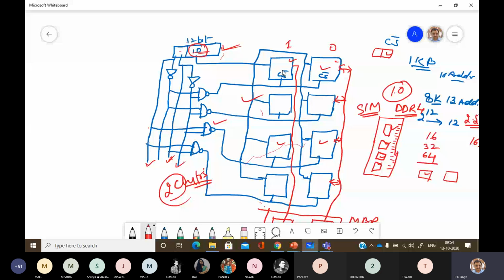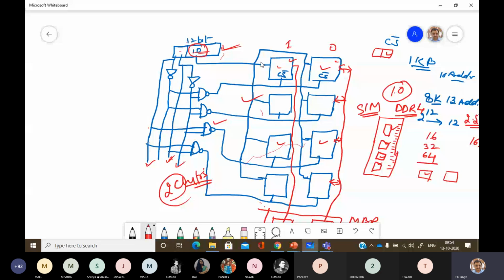Same case if you want to read byte information from the odd memory bank: you can select all the corresponding addresses but make only this chip active. And how can you do this selection?